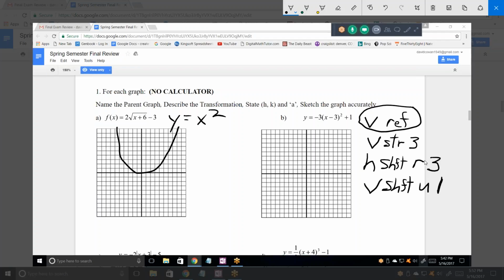Once you do that, you can do them in any order you want. So the first graph I'm going to do is the reflection. Okay? Now, I'm going to do the reflection with a vertical stretch.